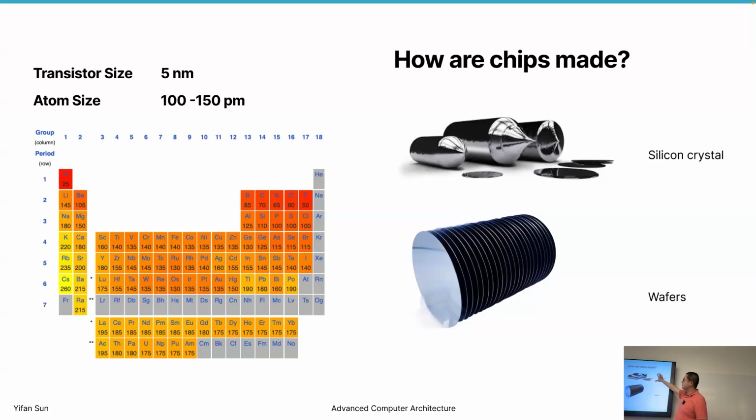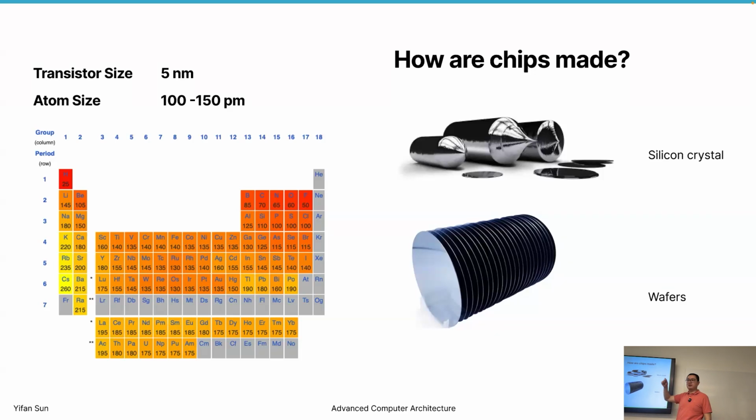So transistors start from silicon crystals. Silicon crystals are made from sand. So it's a magic converting from sand to chips, right? But we typically start from here. TSMC just buys silicon crystals from other companies. These silicon crystals are super pure.